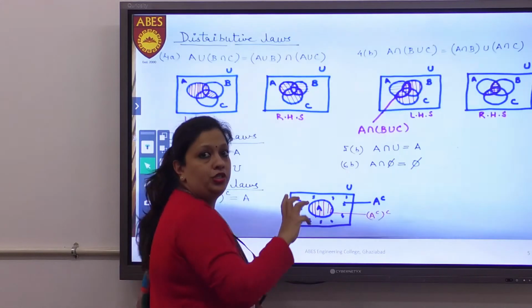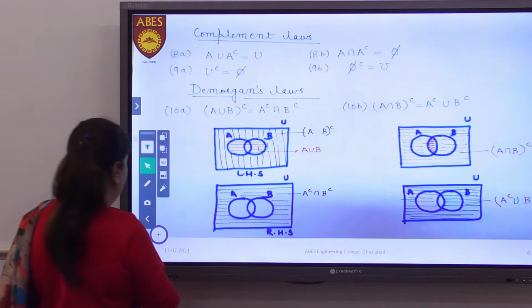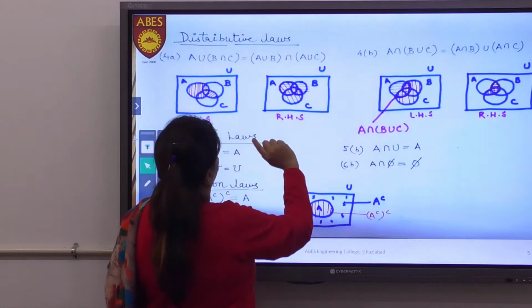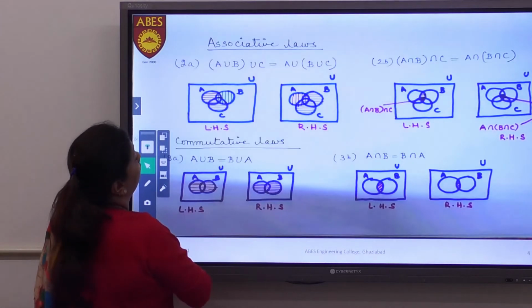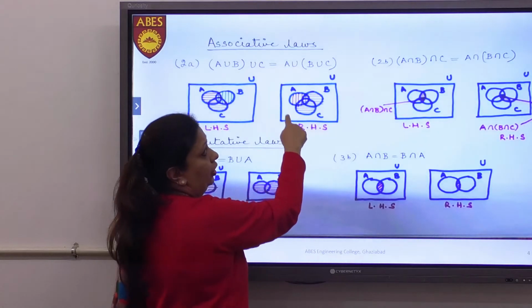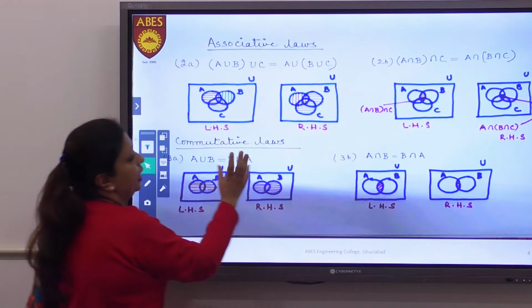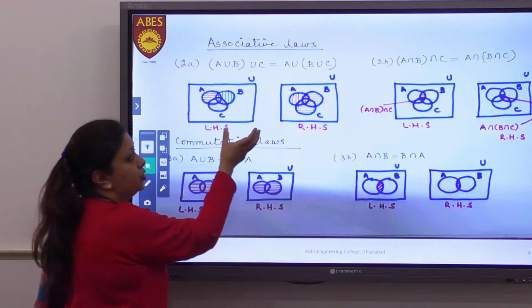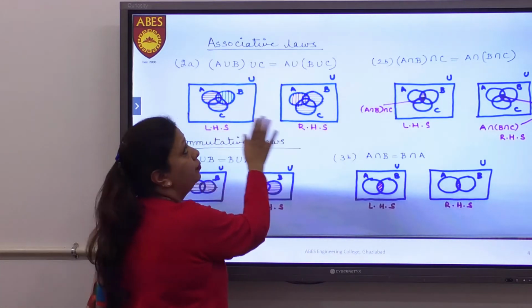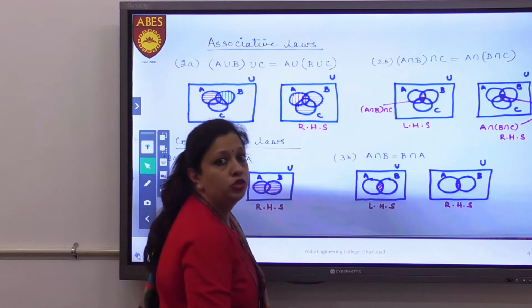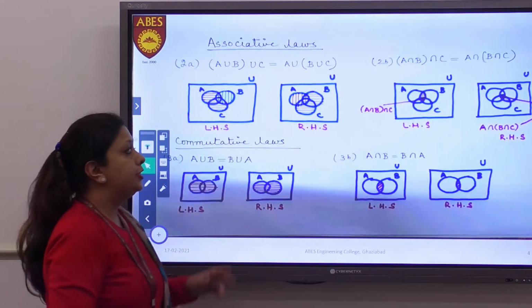So the entire region which is being depicted by this diagram is the entire region of set A, B and C. So we can see that the left hand side diagram is similar to the right hand side diagram. So associative law holds for union operation in sets.